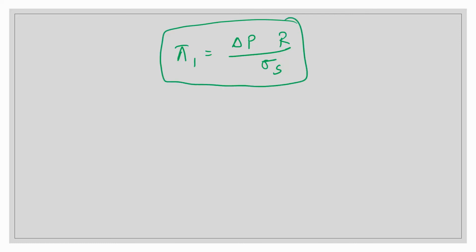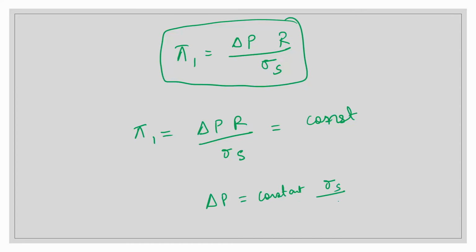So in this case we get only one functional relationship, which is equal to a constant. You can write pi 1, delta p into r by sigma s, is equal to a constant, because there are no more pi's. So you can write delta p is equal to a constant into sigma s by r.